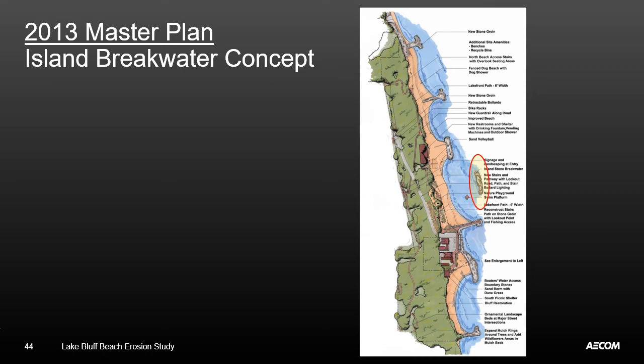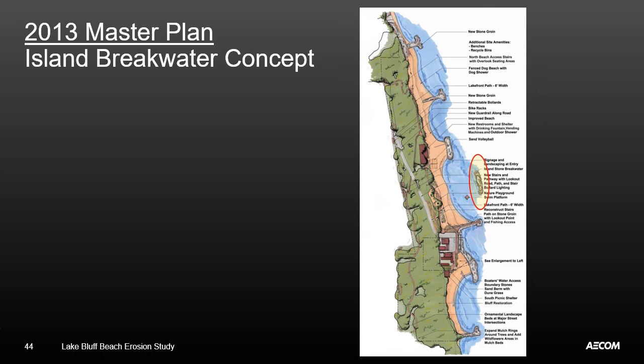As many of the features discussed and analyzed for this project were an outgrowth of the master plan, we wanted to address this offshore island feature since we haven't talked about that yet.